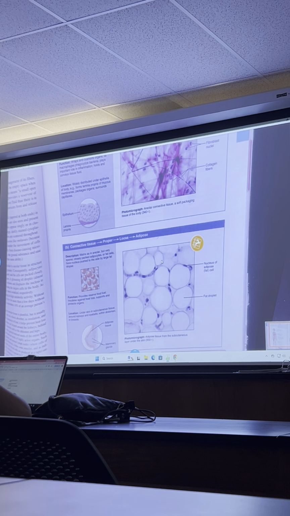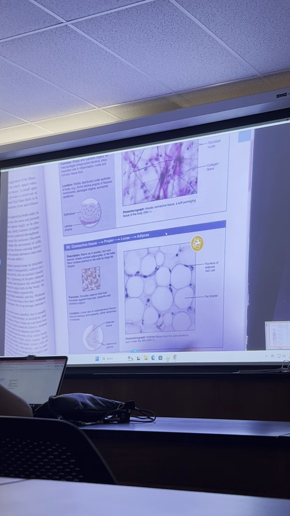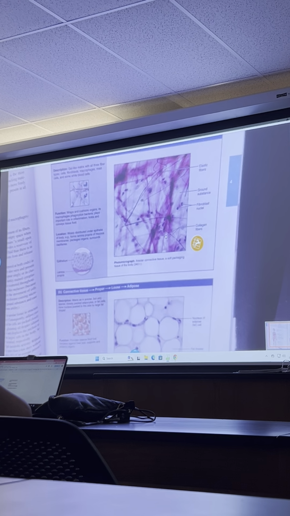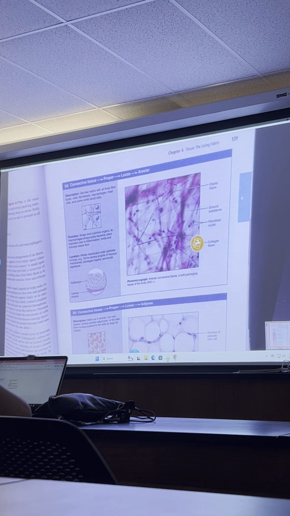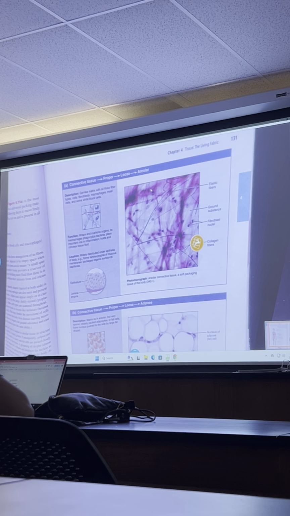Right. So we have loose stuff and we have dense stuff. And up here, we have the most common, this is loose areolar connective tissue proper. So it's loose, it's not dense.